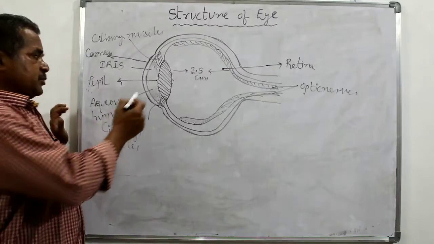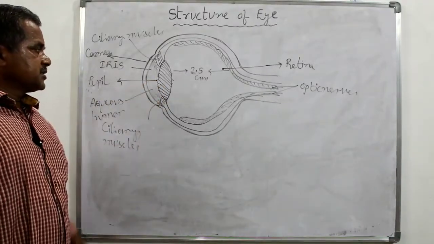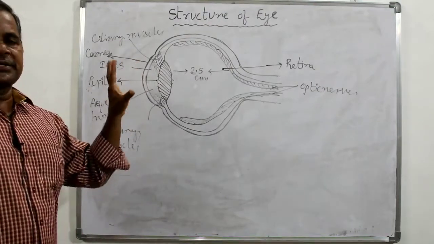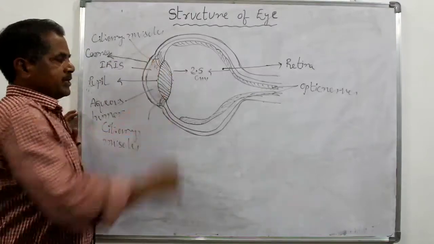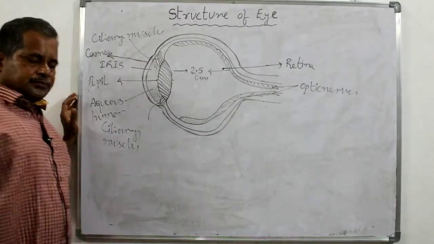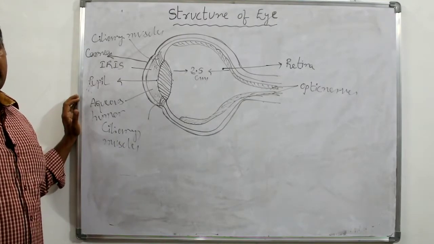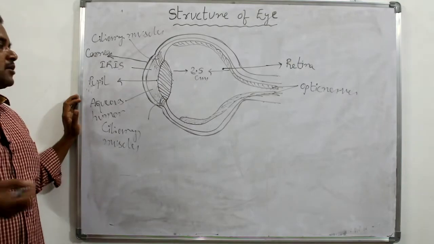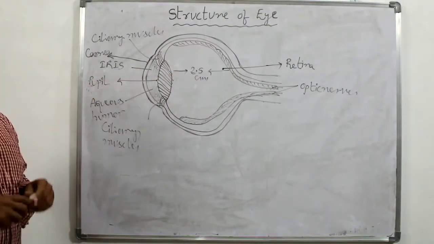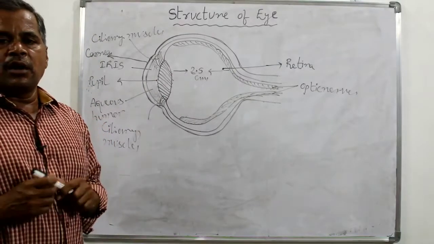When we see objects in dark conditions, the pupil expands with the help of the iris. In bright conditions, when high light is present, the pupil contracts with the help of the iris. That's why we can say that the iris is a variable aperture.